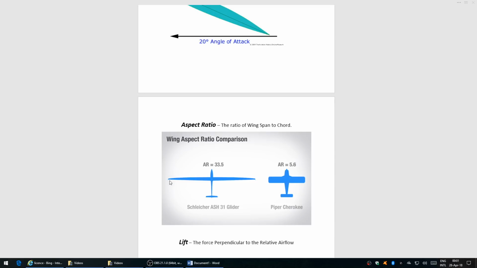So something like a glider has a large wingspan in relation to its chord. So its aspect ratio in this case is 33.5 to 1. Compare that to a Piper Cherokee, which has a shorter wing and a larger chord relative to that wingspan. It has an aspect ratio of 5.6 to 1. And the reason we need to understand that will become clear later.